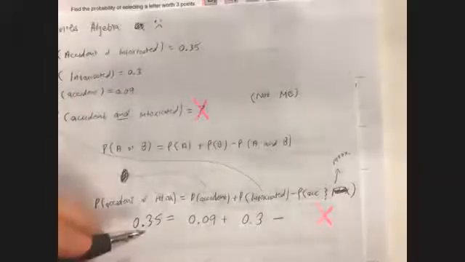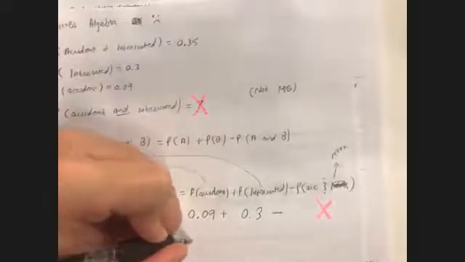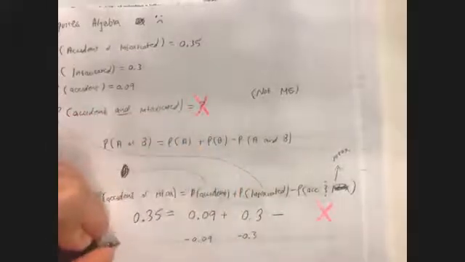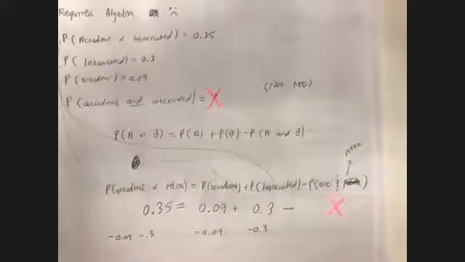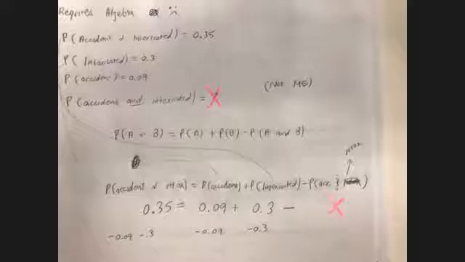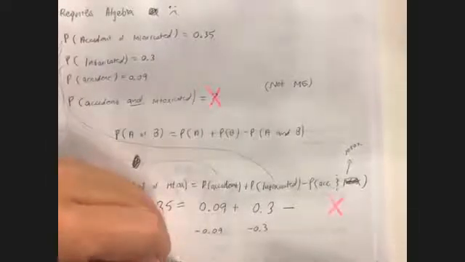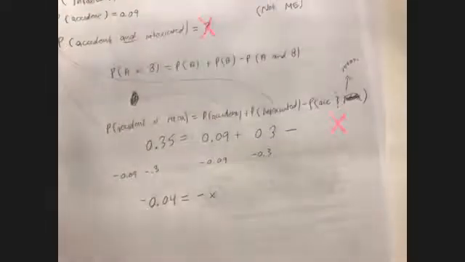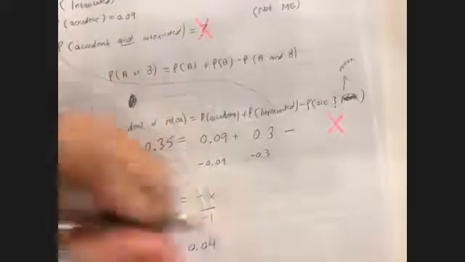Okay. So I'm going to move those over. So I'm going to do minus 0.09 minus 0.3 from the left side and the right side. So I have 0.35 minus 0.09 minus 0.3, 0.04 equals minus X. And if I divide both sides by minus 1, I have X equals 0.04.